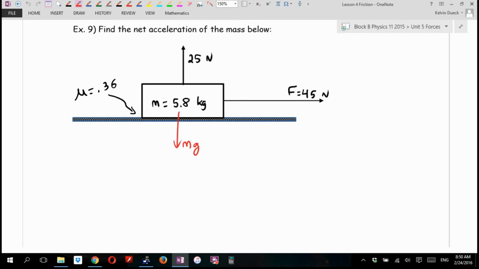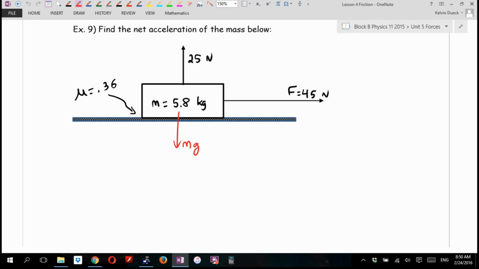Look carefully: is the normal force bigger, smaller, or the same size as gravity? Cam says smaller, with authority in his voice. He knows his stuff. Why smaller, Cam?